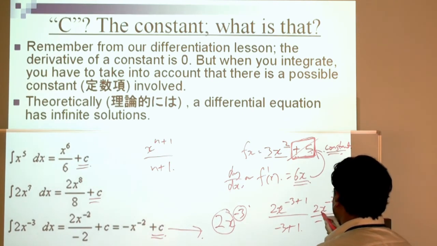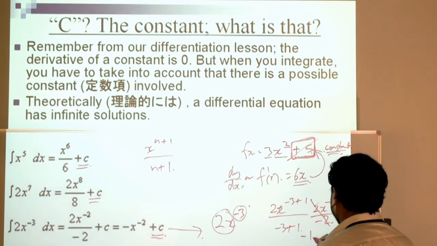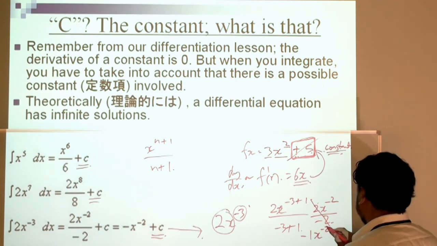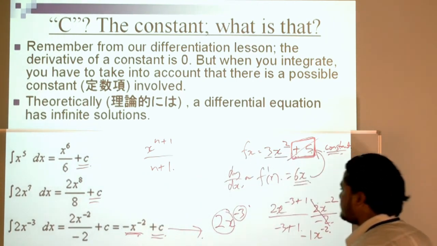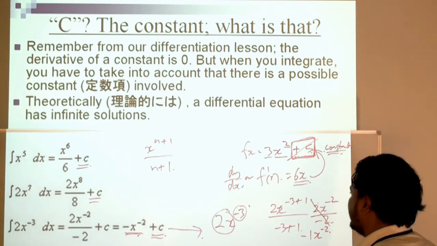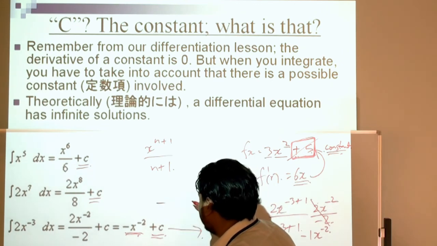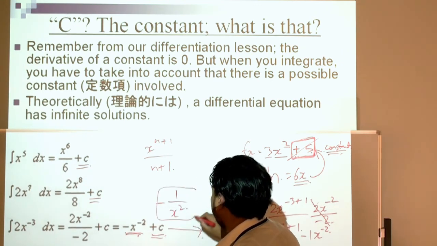Negative 2 can become negative 1, so negative x to the power of negative 2. Okay. What's another way of writing this? You can write it as negative 1 over x to the power of 2. Right?